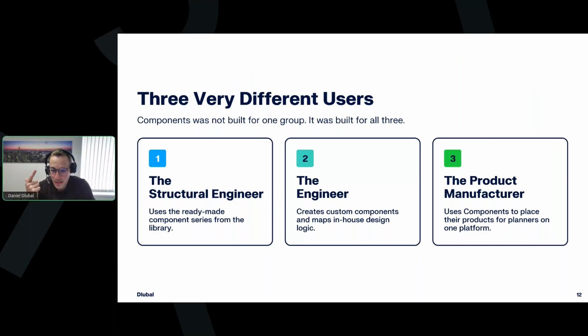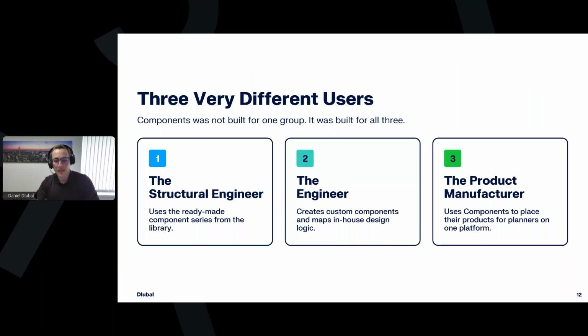The second one is the engineer who creates custom components and maps in-house design logic, so who basically develops his own design with the Dlubal API. And third, the product manufacturer who would like to have his tools, his products in our libraries in order to offer his products to planners on one platform.